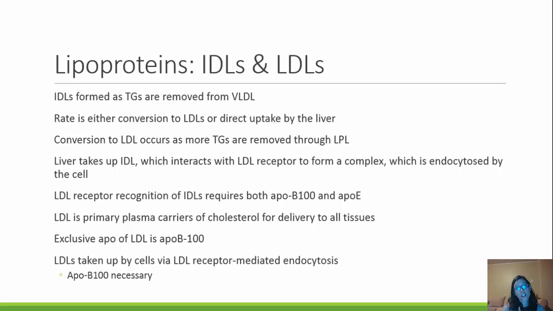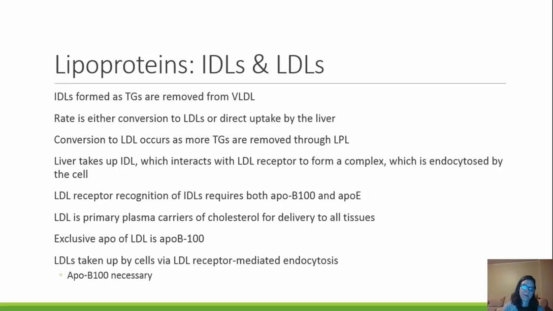So IDLs can be directly taken up by the liver, or they can have fatty acids further removed to become LDLs. The liver can directly take up the IDLs with the LDL receptor through endocytosis, and LDL receptor recognition of the IDLs again requires our apolipoproteins, especially apolipoprotein A.